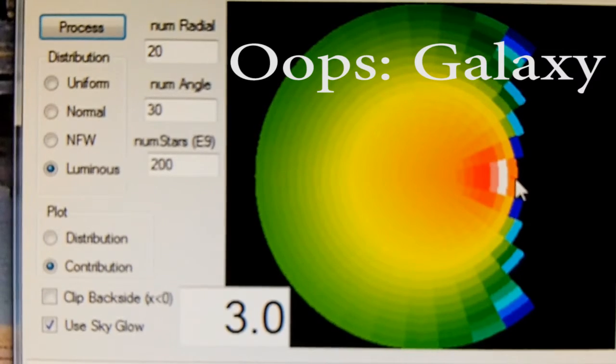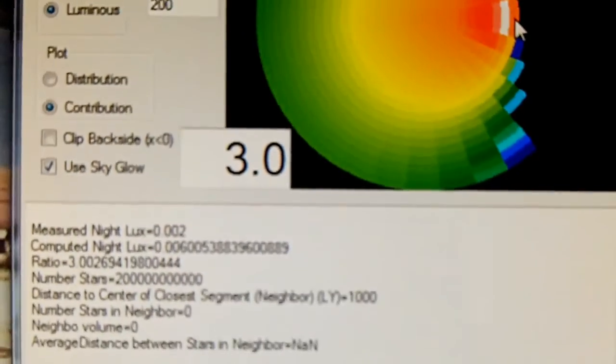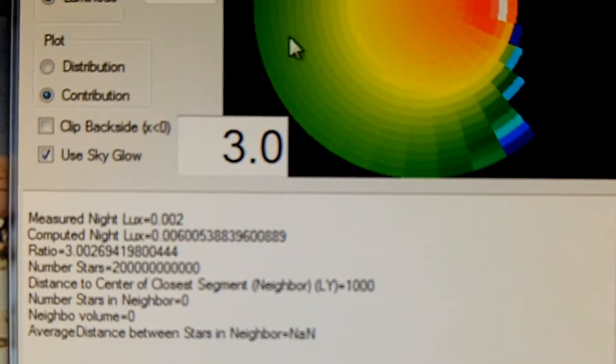And what this little measurement down here says is that the distance to the center of the closest segment is 1,000 light years. There's a little bug here because I'm not integrating with enough segments, so let me put the number back up to normal.